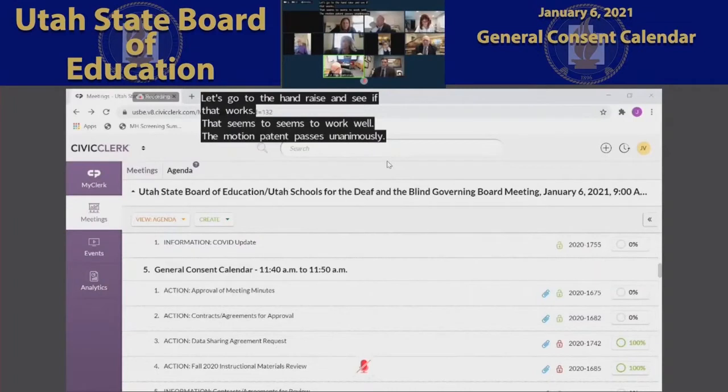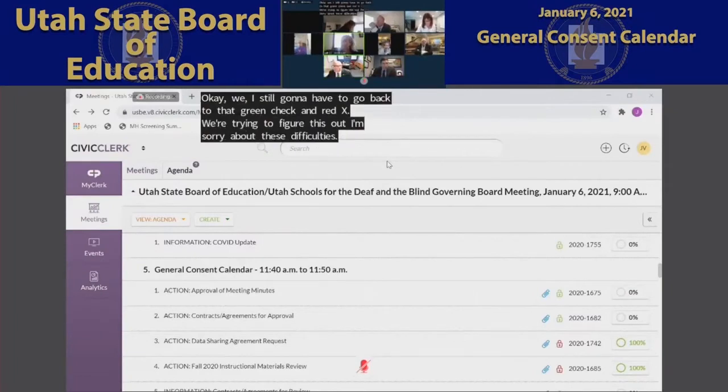Okay, board member Earl, do you have something you want to speak to specifically on the general consent number 2, contracts agreements for approval? And again, this is actionable. Yes, it has to do with Panorama Education, which will be doing a mental health screening. The screening tool, from what I could look up, that we spent months looking through, is not listed there.